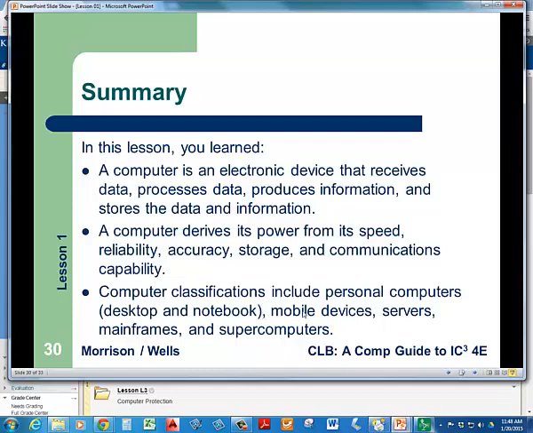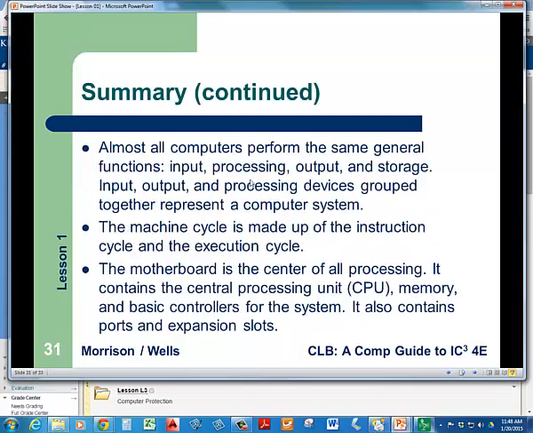So, the different classifications, they all perform the same functions. Now, there are some things that are called a computer that may not be a computer. Maybe they don't store stuff, but they kind of act like a computer. Input and output, and working inside of another machine, but they're not really storing much information or data.